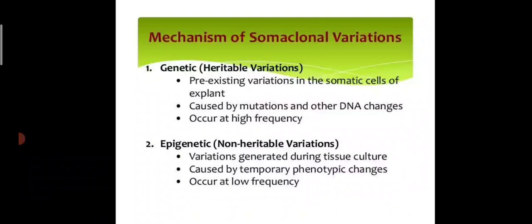Variations occurring due to the culture conditions or during the process of tissue culture are known as epigenetic variations, and these are caused by temporary phenotypic changes. These changes will be temporary only and occur at low frequency also. So these are the 2 mechanisms of somaclonal variations: genetic and epigenetic.